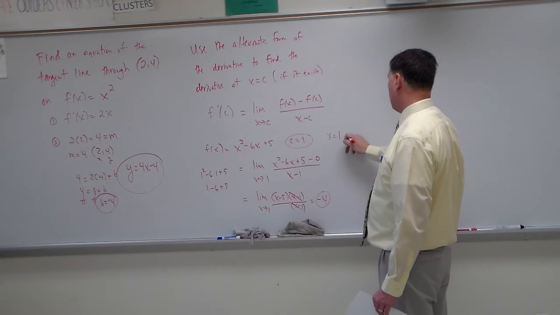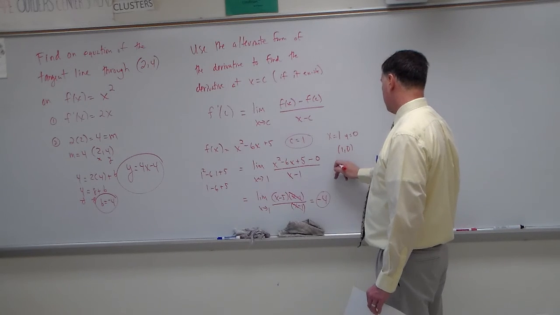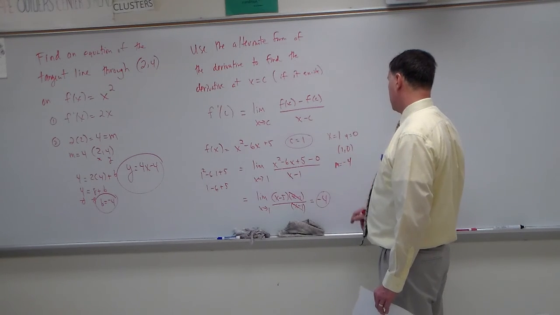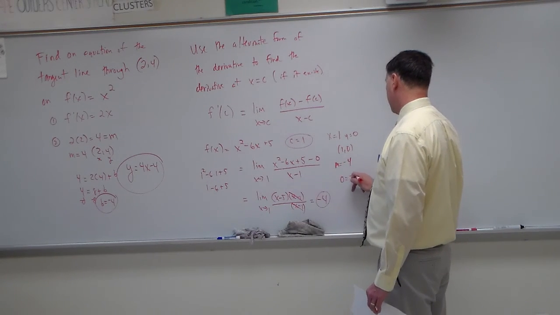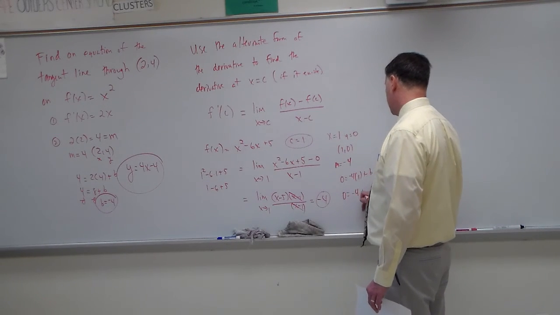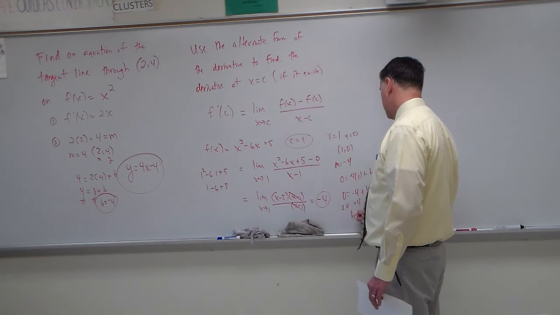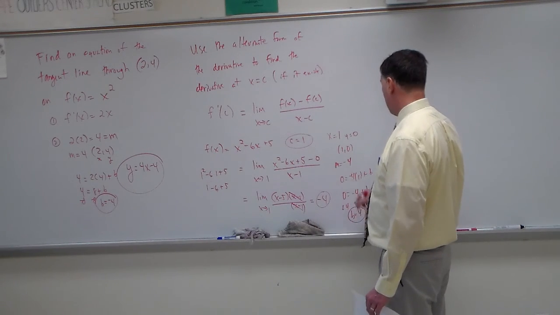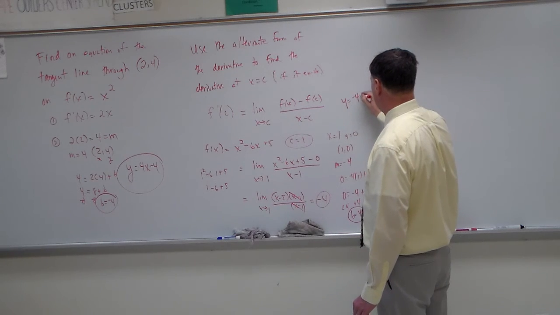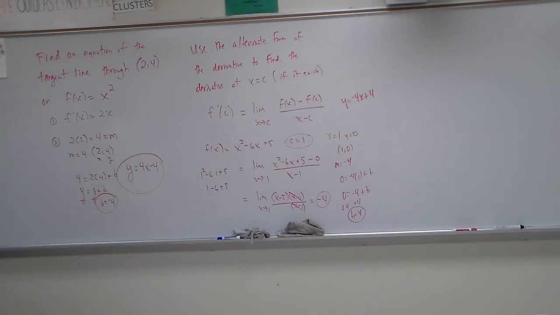When I do that, I get y equals 0, so my point is (1, 0). My slope is negative 4. So 0 equals negative 4 times 1 plus b. 0 equals negative 4 plus b. Add 4, add 4. b is 4. So now I get y equals negative 4x plus 4 as my equation of the tangent.